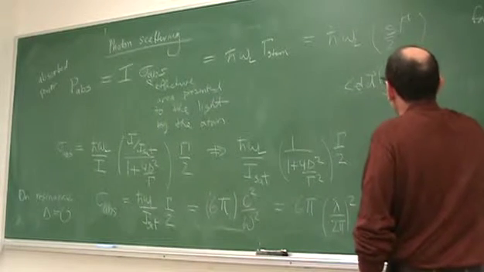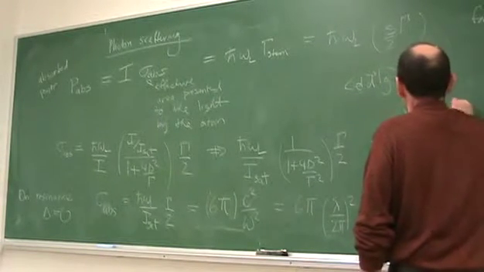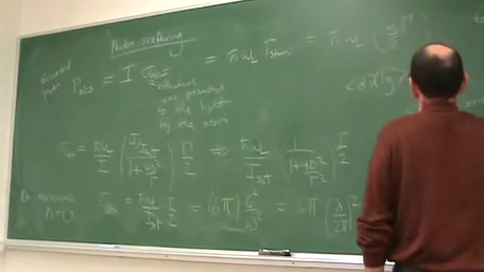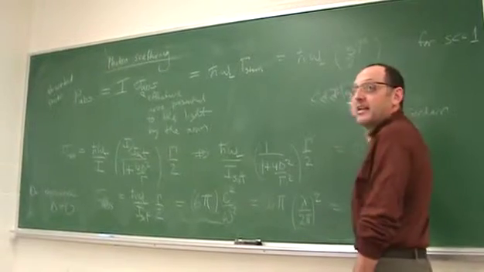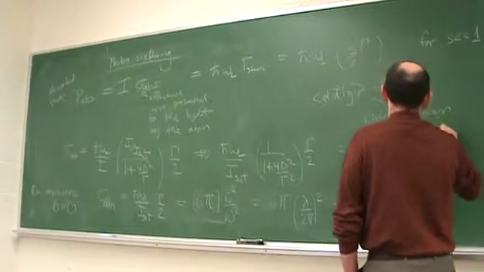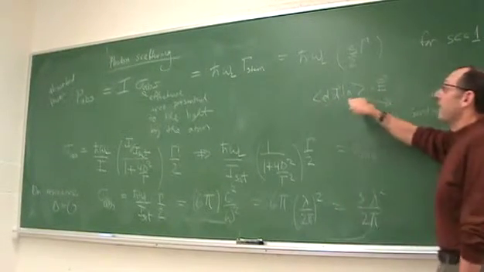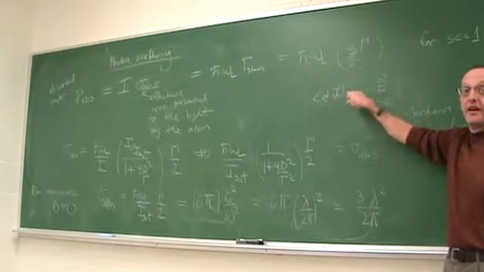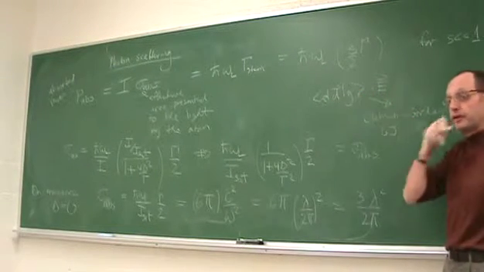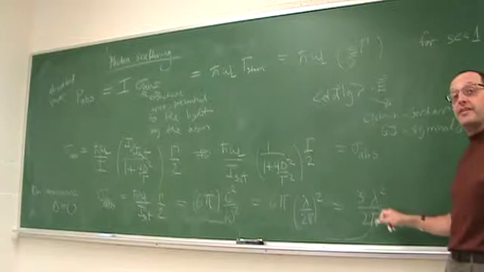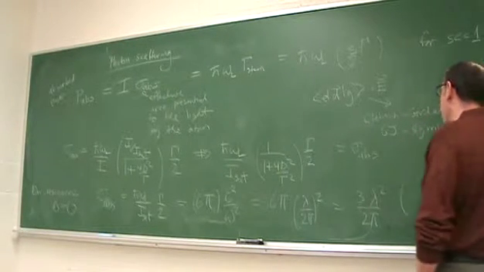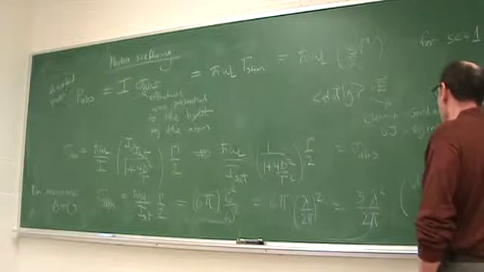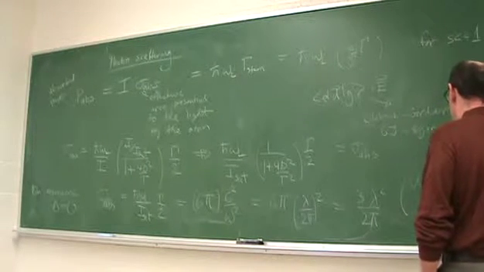that are related to Clebsch-Gordan coefficients and 6J symbols and all of the aspects of the oscillator strength associated with this two-level transition. When I write down this expression, this is the expression that is appropriate when I have what I call a unit oscillator strength.